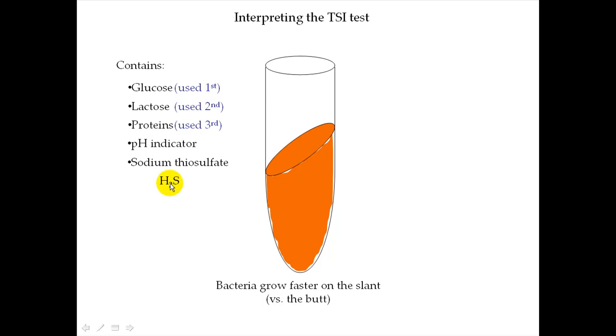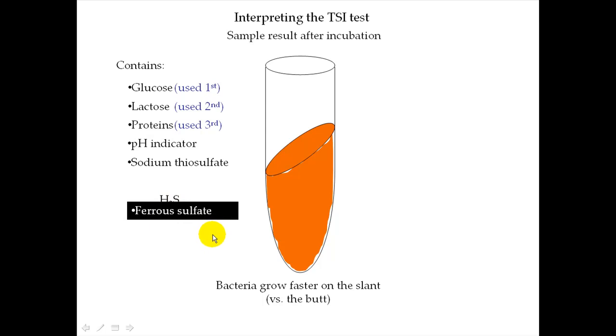And that thing is ferrous sulfate. So there's some of this stuff also included in a TSI medium. The reason I consider this to be a hydrogen sulfide detector is because if it gets into contact with any hydrogen sulfide, it ends up producing a black color.